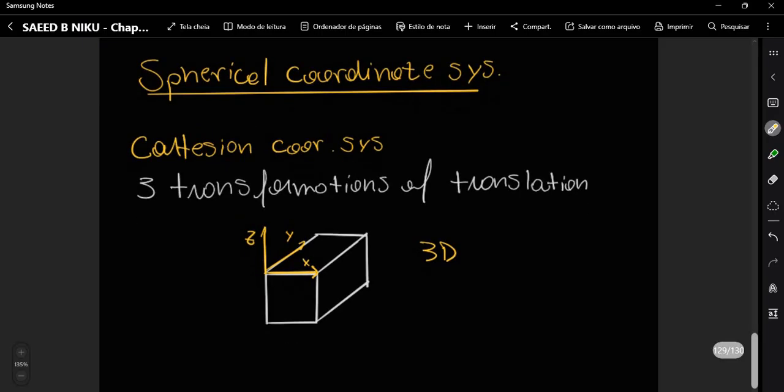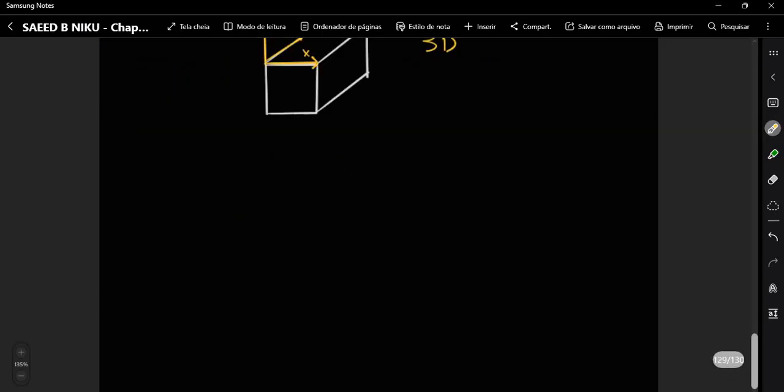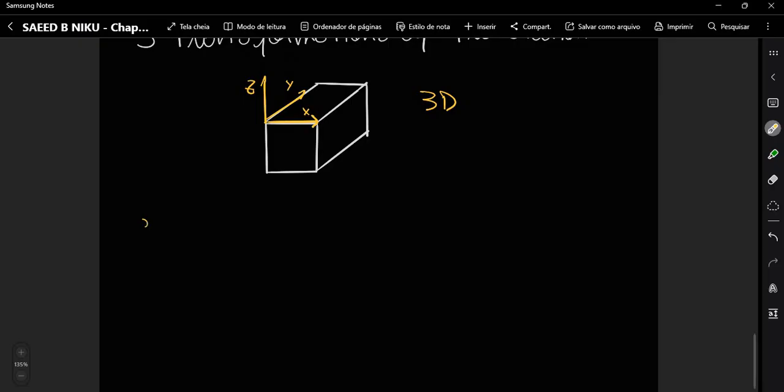And we have also already seen the cylindrical.